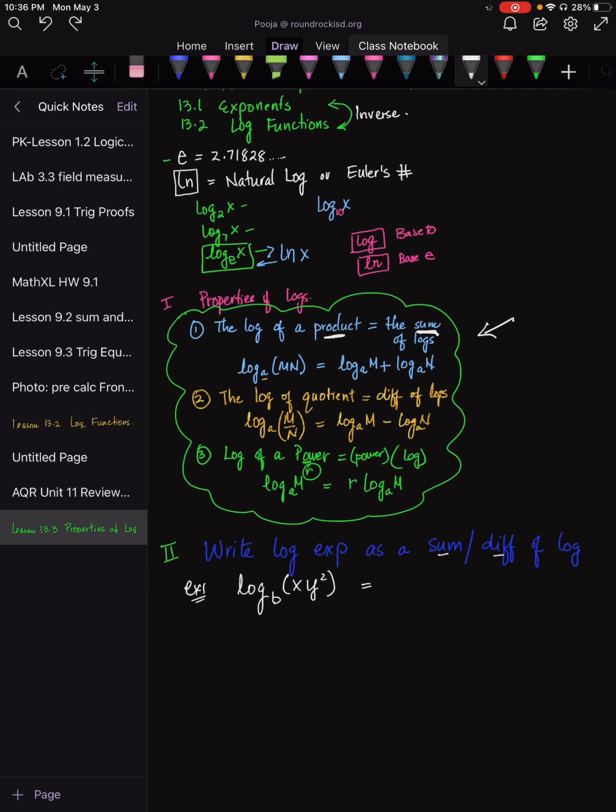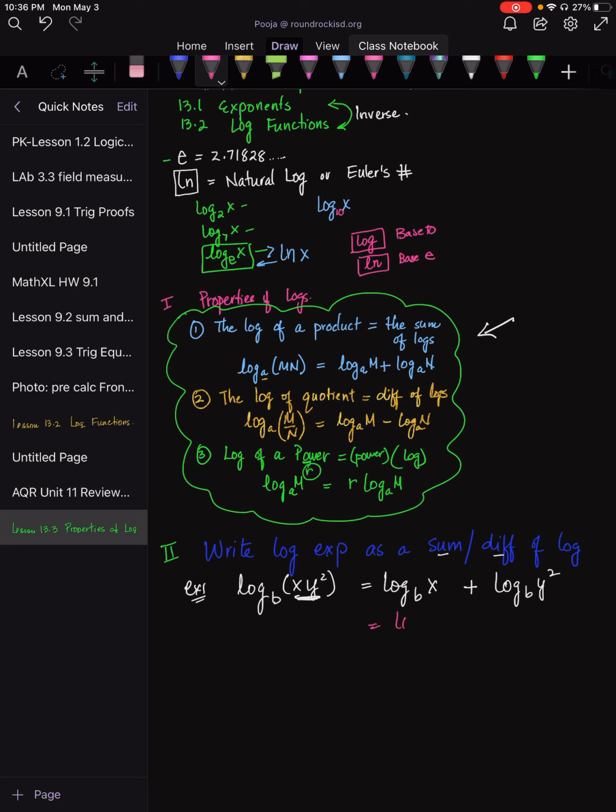This is the first one, which means I can rewrite this as the sum of log base b of the first one, which is x, not x squared, plus log base b of y squared. So I rewrote that product log as sum log. And once I have this, I'm actually not done. You know why? Because within this property, there's another property built in.